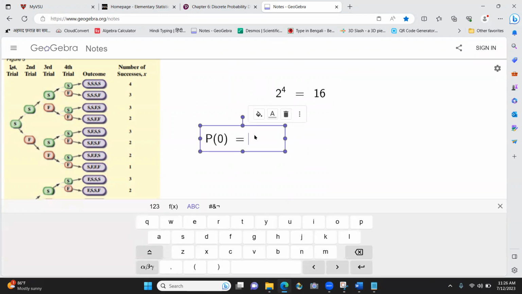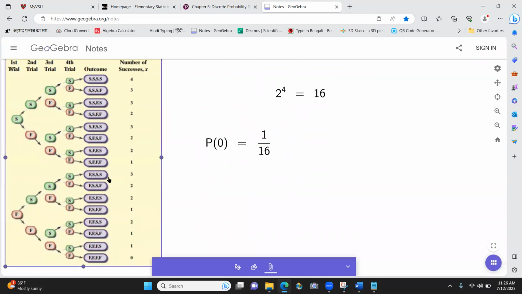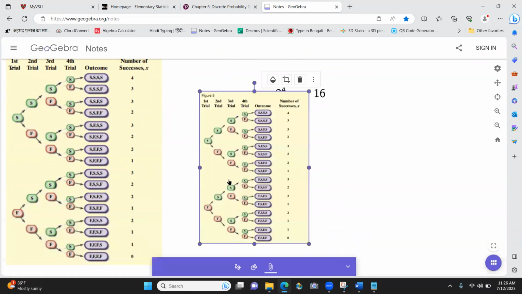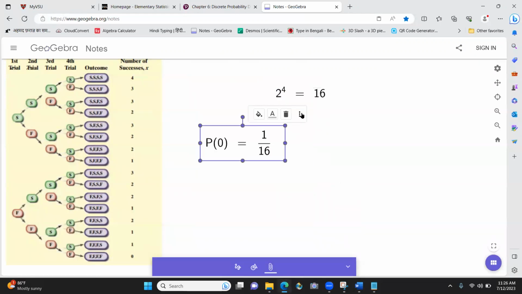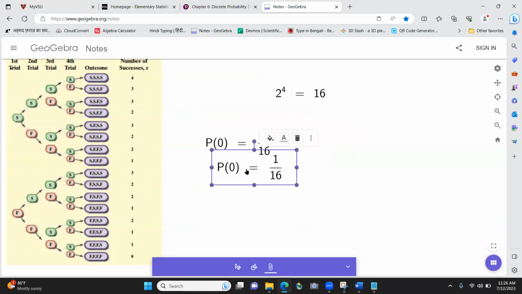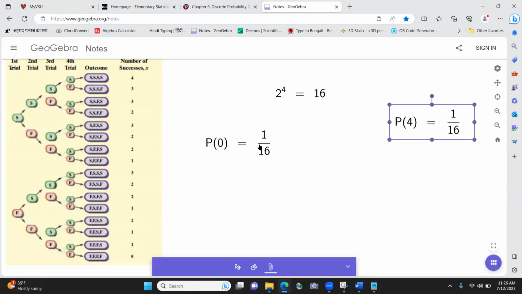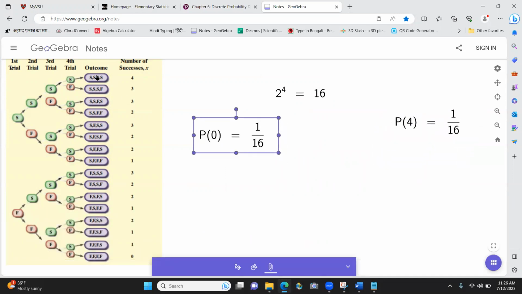So that's 1 over 16. There are 16 different outcomes according to the tree diagram. Now I'm going to quickly do the probability of all four being O negative. That's also 1/16 because there's only one case.